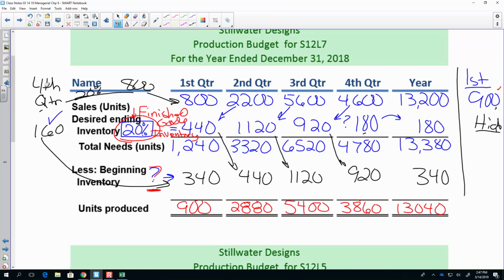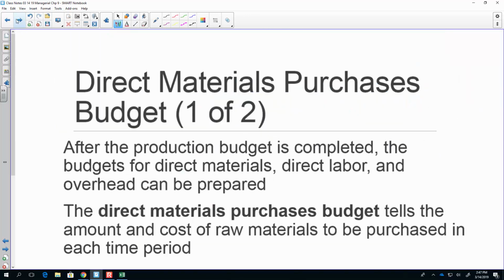All right. Next report is the materials. Page 462. This is probably the longest report that you'll do, just because it can be a lot of things in it.